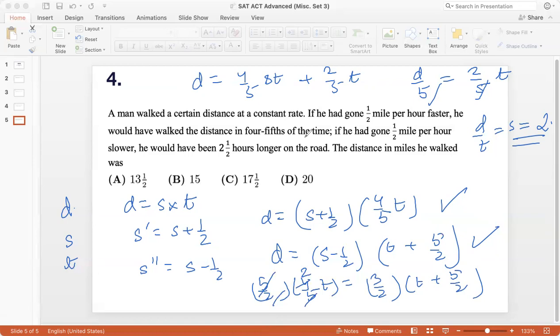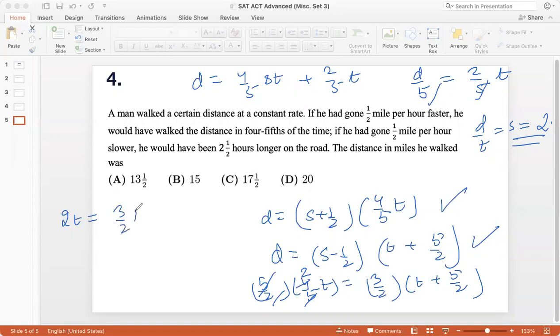So we get 2t is 3 by 2 t plus 15 by 4. So half t is 15 by 4. This cancels. So t is 15 by 2. So t is 15 by 2 and s is 2. So the distance would be 15.